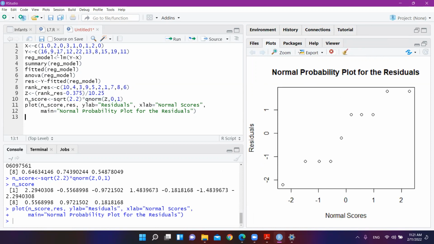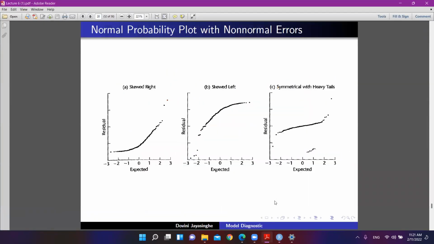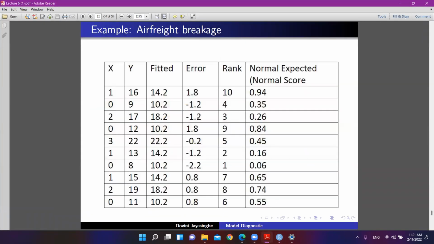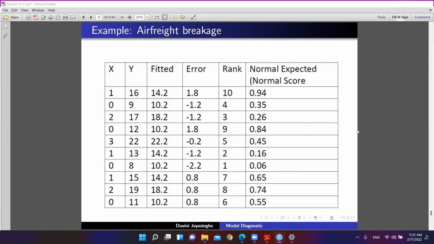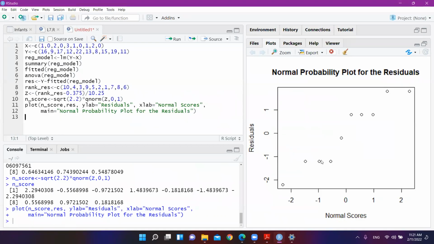So when ranking, I told you it's okay to arbitrarily select where you put the rank for ties, like this, 2, 3, 4. Can you see in this plot you have gotten equal sort of things? So it doesn't matter how you rank it.